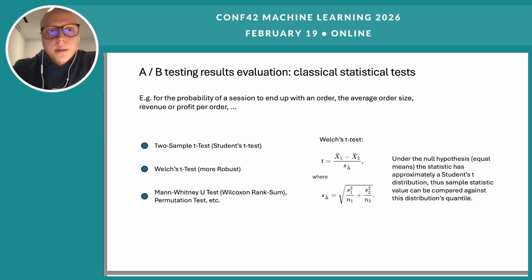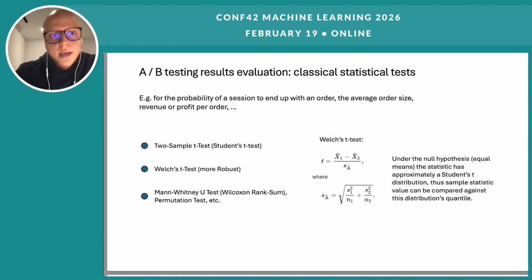Some examples are on the slide. Some examples are the two-sample t-test, and a little improvement over it that avoids the assumption of variance equality between two different groups is Welch's test. Also there is the Mann-Whitney test and the permutation test, but they all do approximately the same thing that I just described.